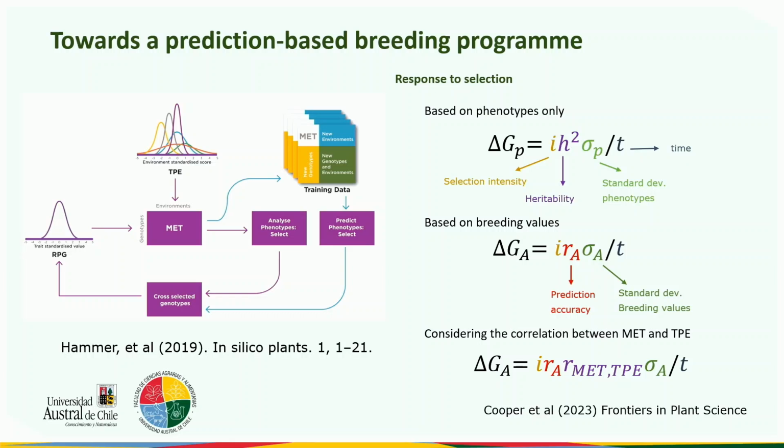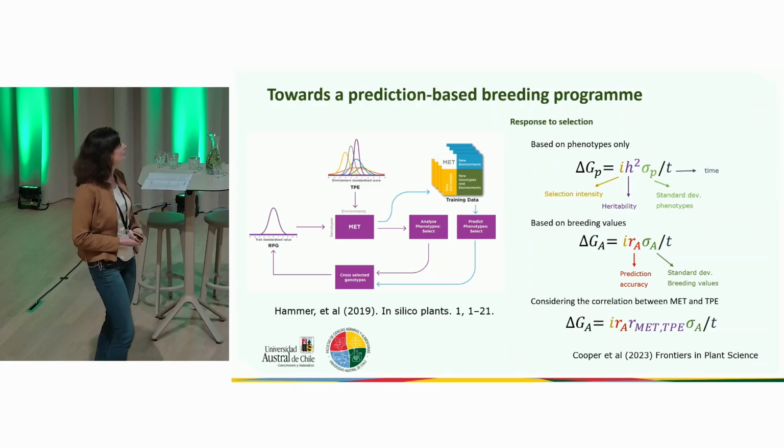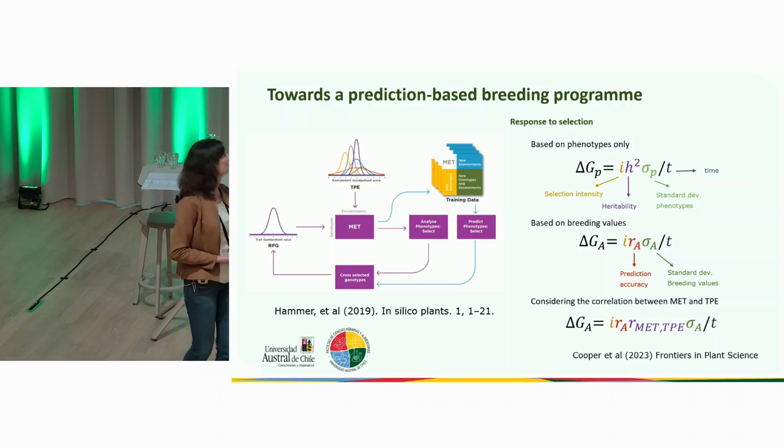So again, we use this sample of the target population of environments, represented by these multi-environment trials, and we also have a sample of our germplasm, and we test them, and we hope that this set of multi-environment trials can help us predict what will happen in new environments or new genotypes, or the most challenging ones, new genotypes and new environments.